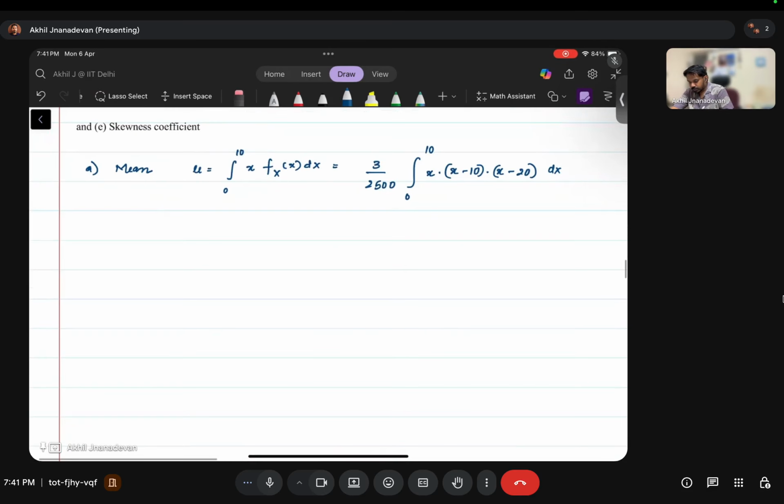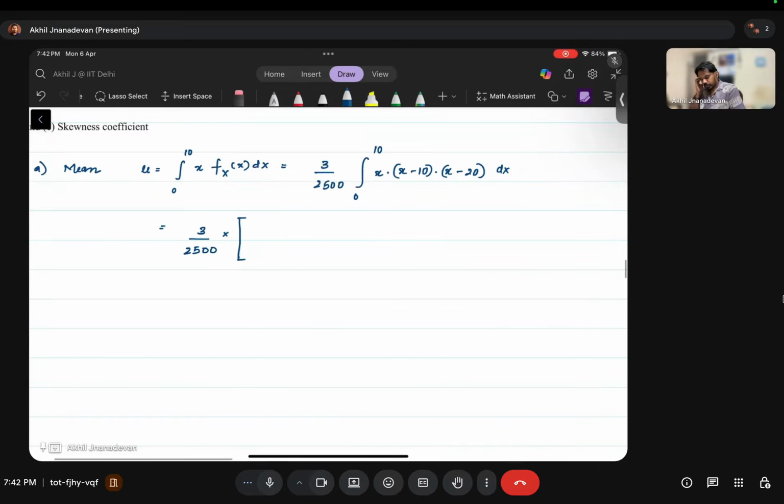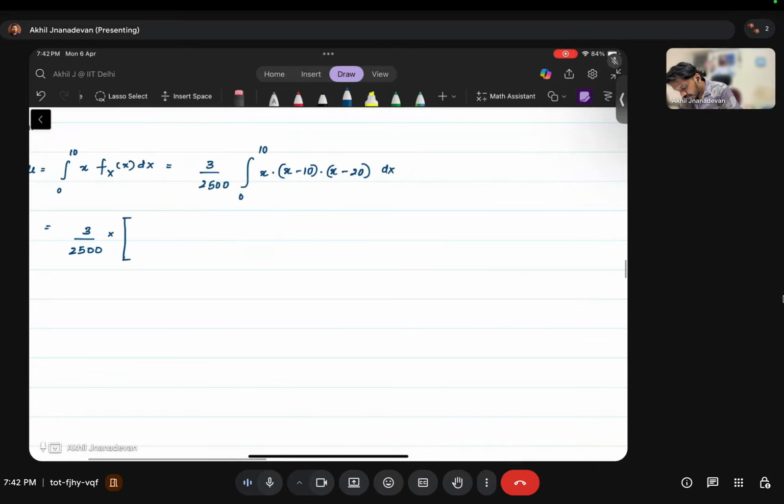Before integrating, we can expand it so that it is easier for us to integrate.